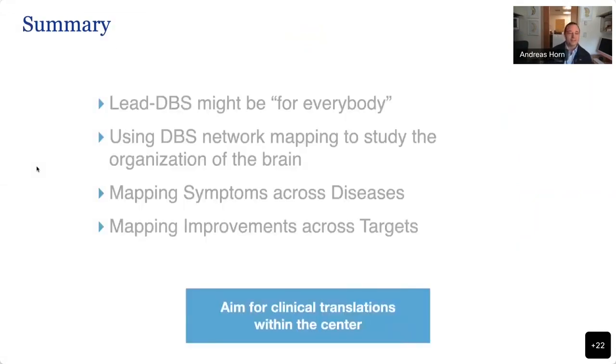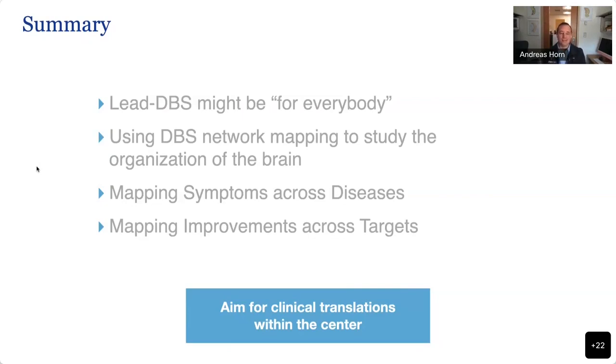So to sum up, I hope some of you at least might find it interesting to download LeadDBS and look into it. It could be really interesting just to normalize brains and potentially integrate with fMRIPrep or whatever everybody uses these days. And if it's just about the atlases or visualization tools, that would be great.